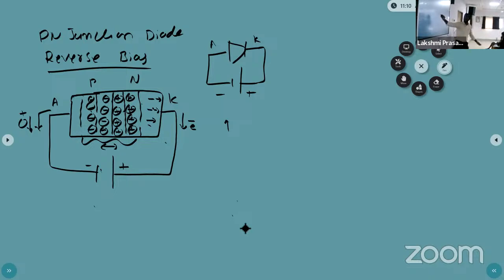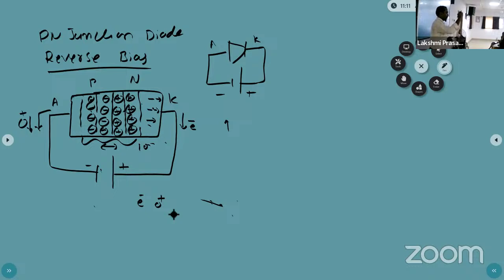And already, without breaking, for example, there were 10 electrons already moving. Now due to breaking of the covalent bonds, electrons and holes can generate, right? Now here also the same electron-hole pairs, and here also electrons and holes.